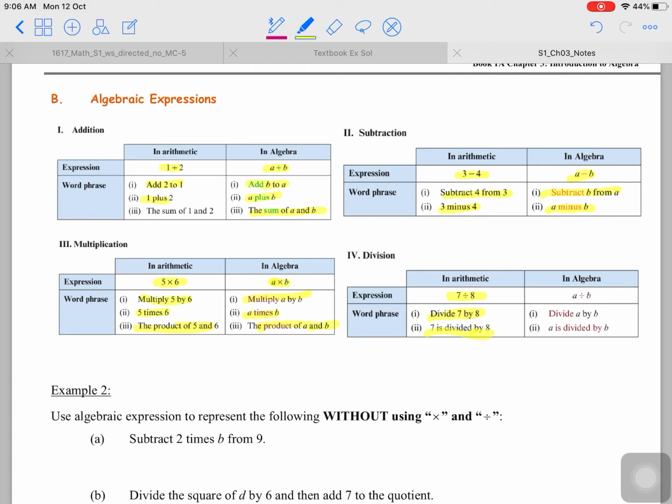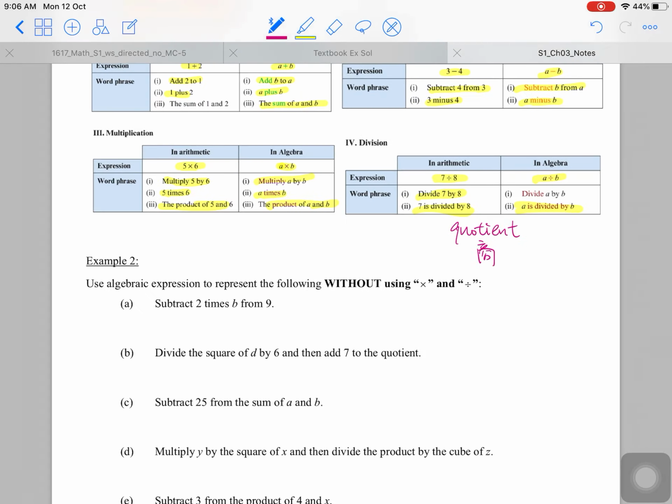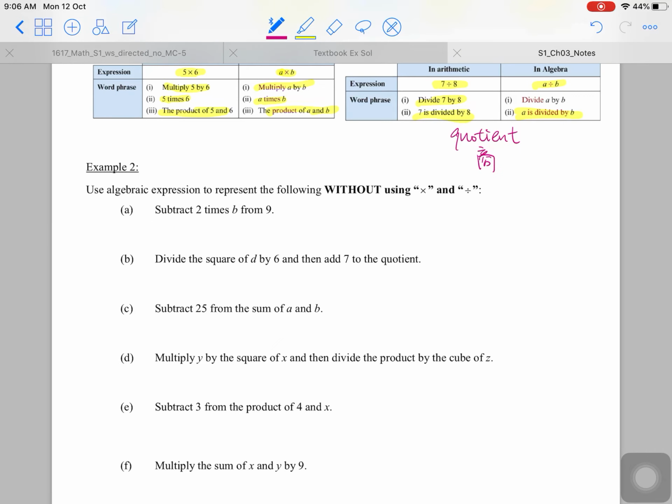For division, divide 7 by 8, or 7 is divided by 8. Similar for algebra, divide a by b, a is divided by b. Or you can say the quotient of a and b.